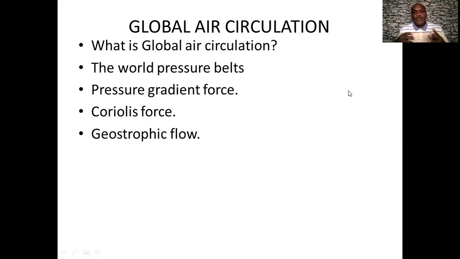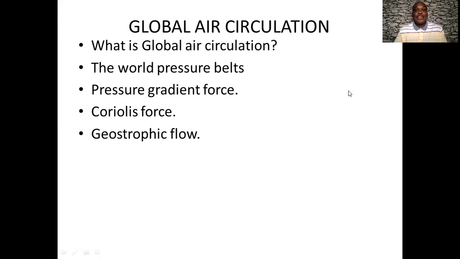Secondly, we are going to discuss the world pressure belts. Thirdly, we are going to look at pressure gradient force and the impact it has on the way the wind is flowing on our planet. Then we're also going to discuss Coriolis force. And lastly, we are going to discuss geostrophic flow.